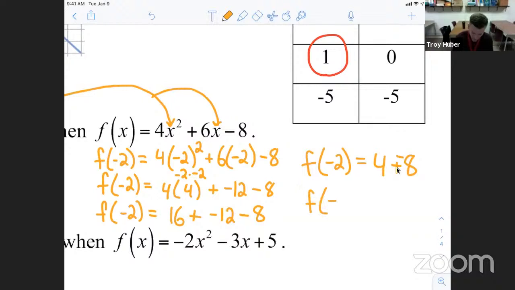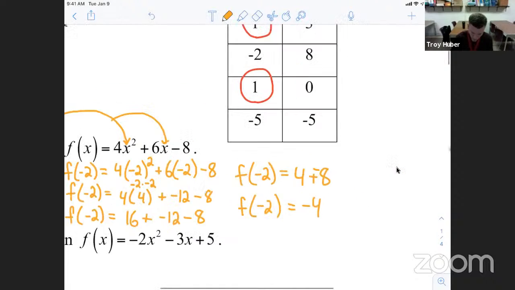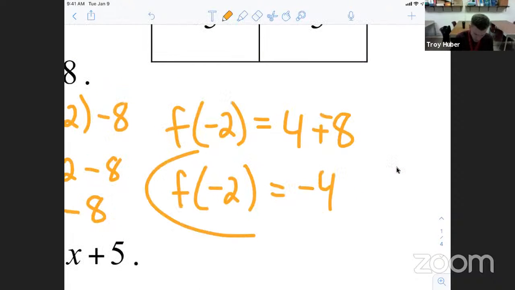So f of -2 should be equal to -4, and this would be your solution. When you have an input of -2, or an x value of -2, your output, or your y value, is going to be -4.